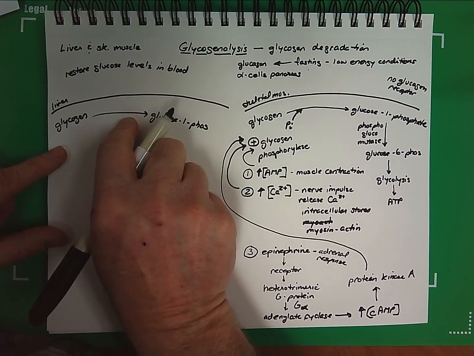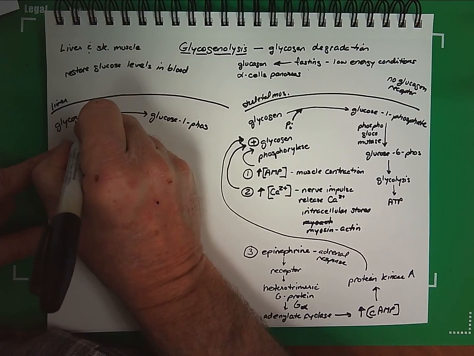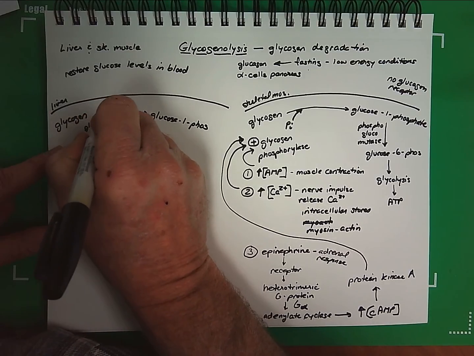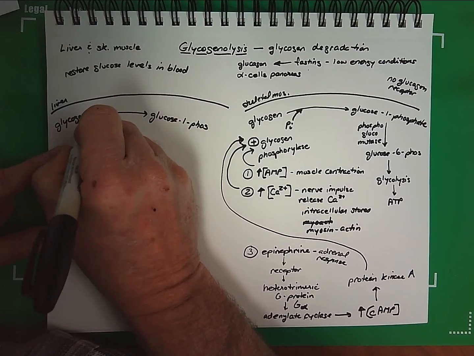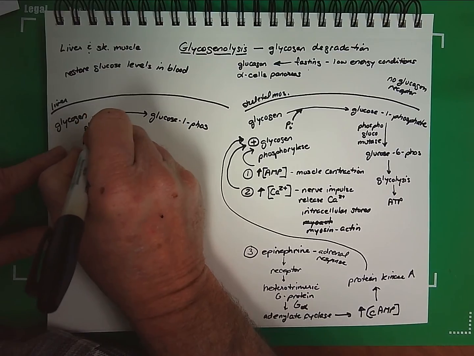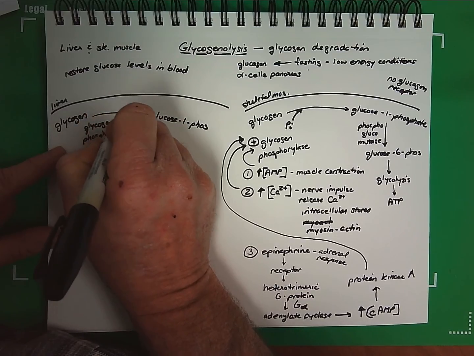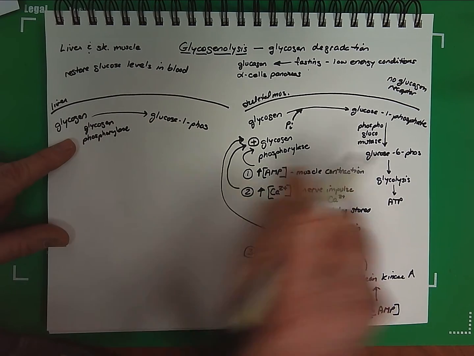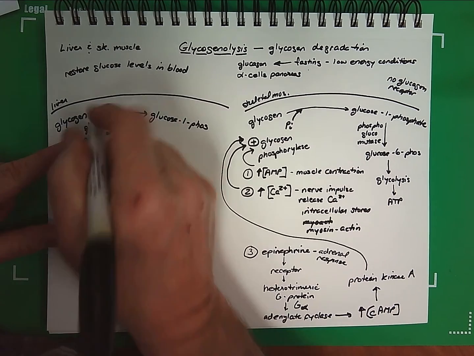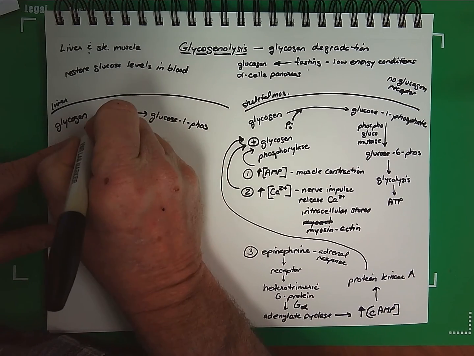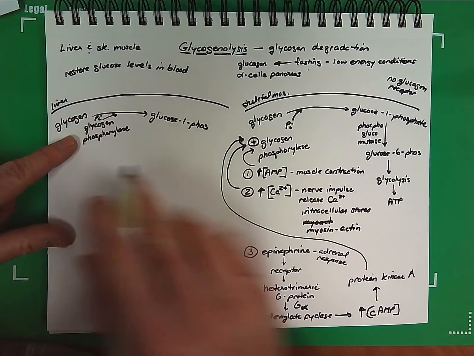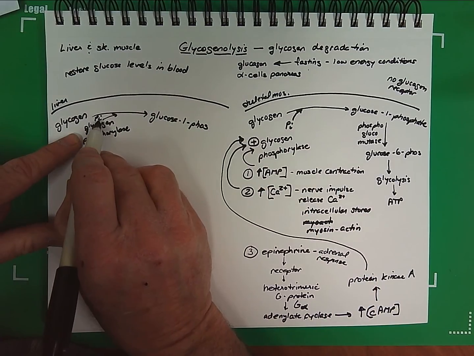And of course, you can imagine this is going to be done by the glycogen phosphorylase enzyme, the same enzyme that released the glucose in liver and muscle. And it's going to be using inorganic phosphate again.